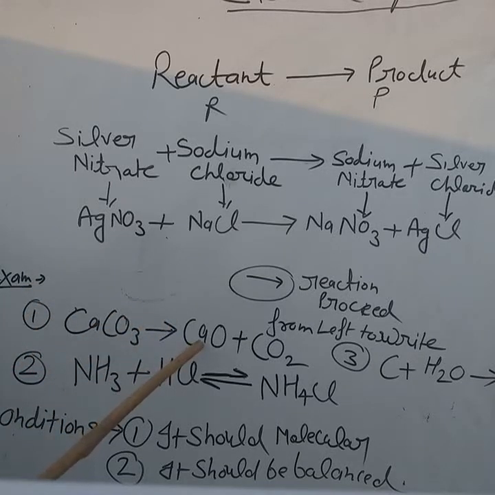The number of carbon is 1 on both sides. The number of oxygen is 3 on the left side, and on the right side it is also 3, 2 and 1. So it is the most necessary condition that all reactants and products are balanced.